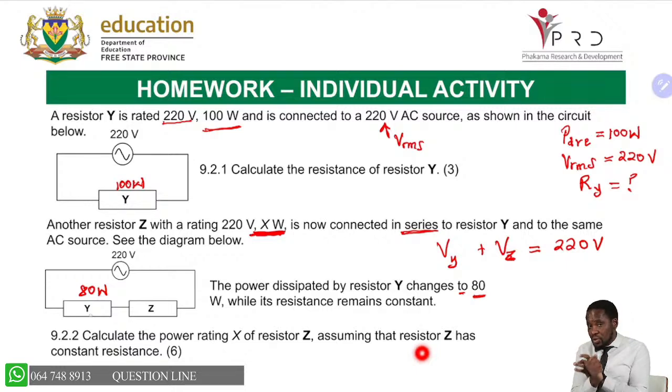And then what else do we know? If we have the new power dissipated by resistor Y, we can determine the current, which will be the same current as that of what? Of Z. And then we know the 220 now is not just for resistor Y, it's for both resistor Y and resistor Z, whose sum of the potential differences is the root mean square voltage of 220.